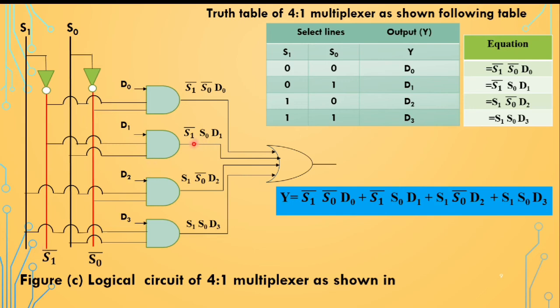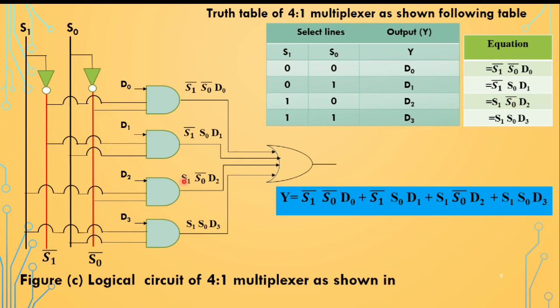Similarly, for the second AND gate, S1 bar means we connect here because this is the S1 bar, and S0 means one input of the AND gate is connected to S0, and D1 is as it is. Similarly, the third AND gate: D2 is as it is, S1 S0 bar, S1 S0 bar D2.